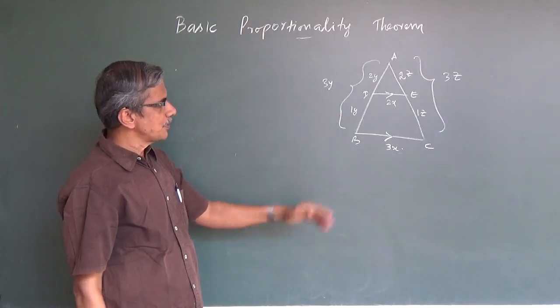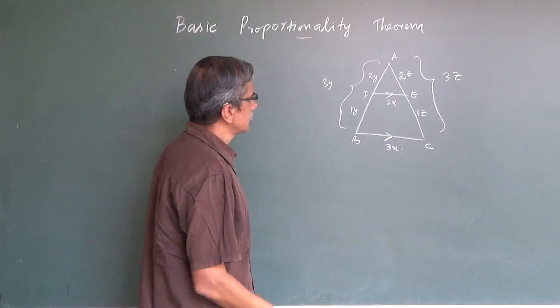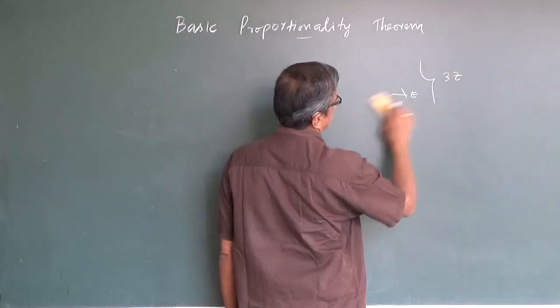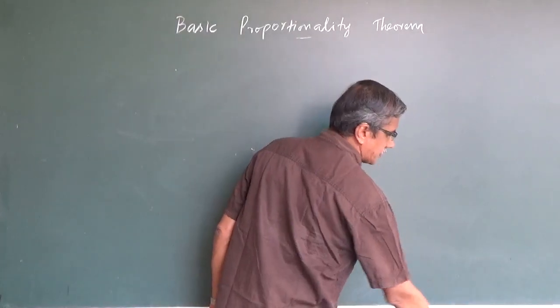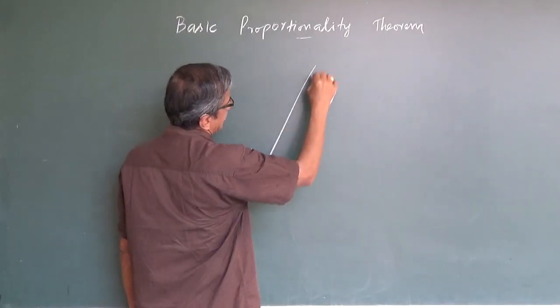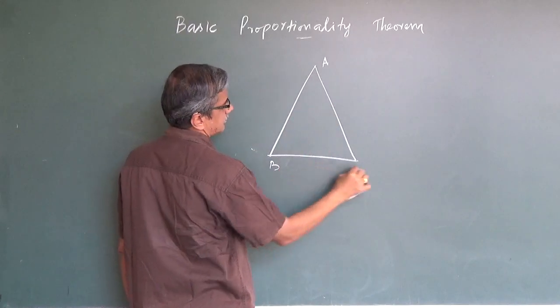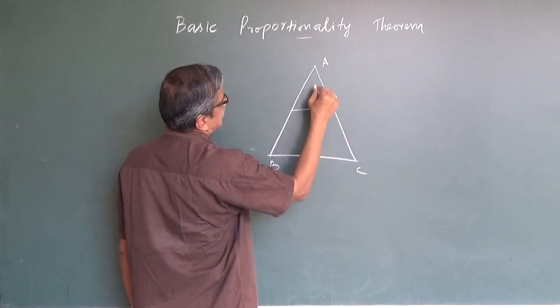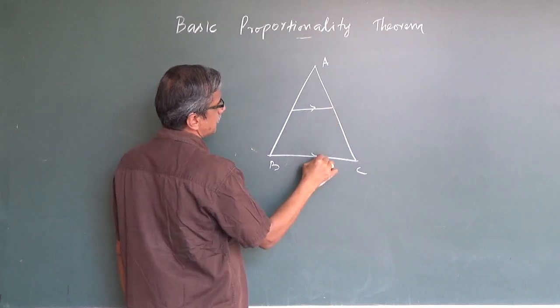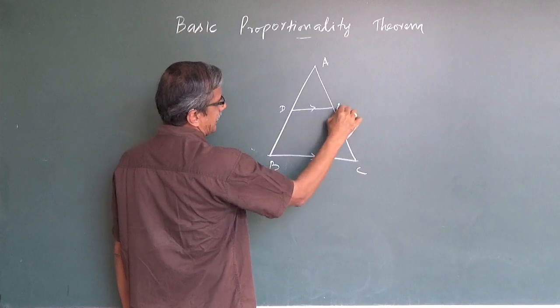I hope you understood. Whenever the three sides are involved, let us say these are the parallel lines, DE and BC.